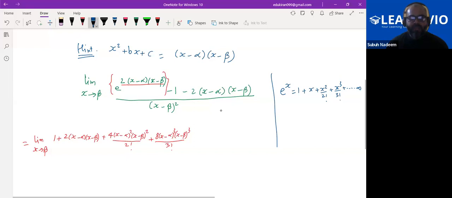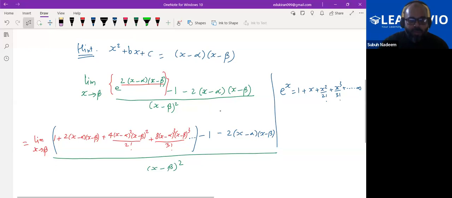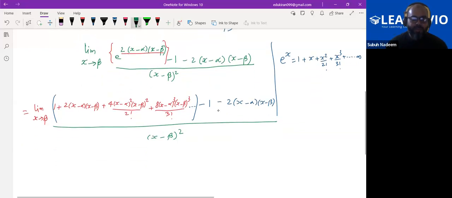And then we have dot dot so on. Then this completes. Then minus 1 minus 2 x minus alpha x minus beta, after writing this, divided by x minus beta whole square. So this is how we can write it.